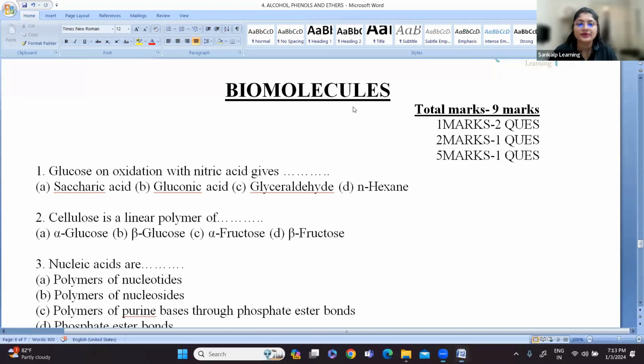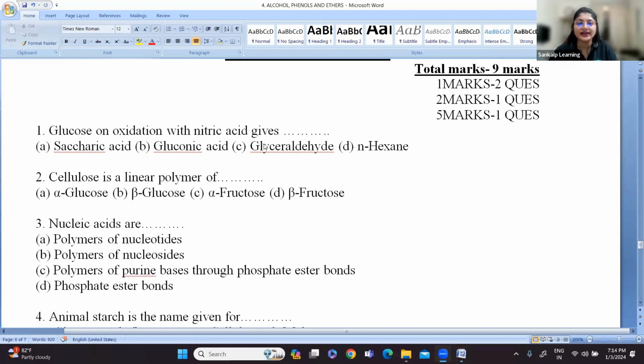Okay, fine. So the first question: glucose on oxidation with nitric acid gives. You can give your answers in the chat box.